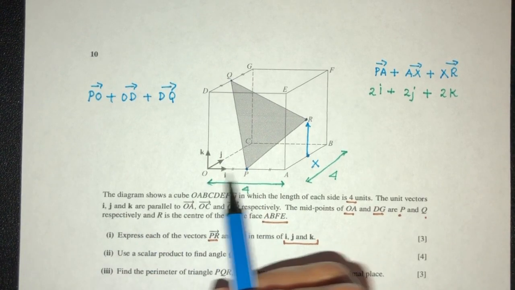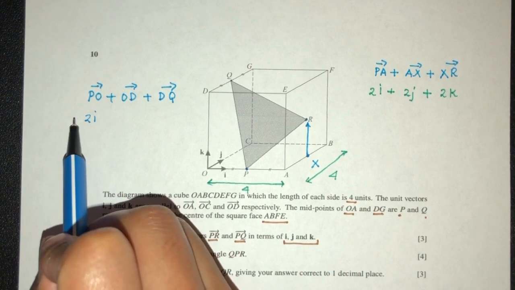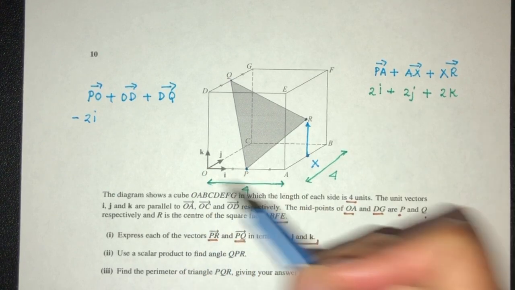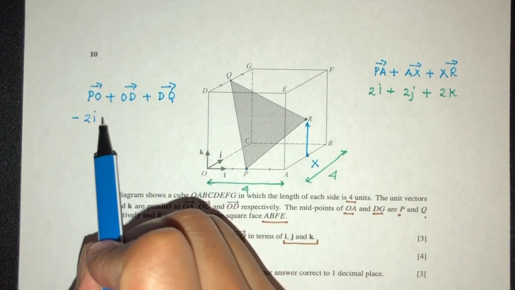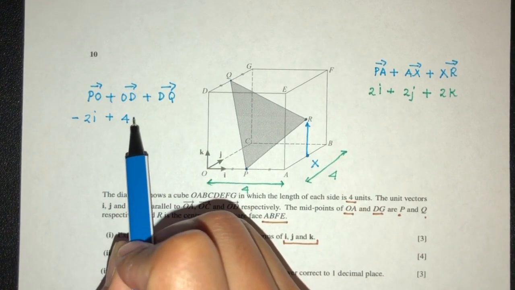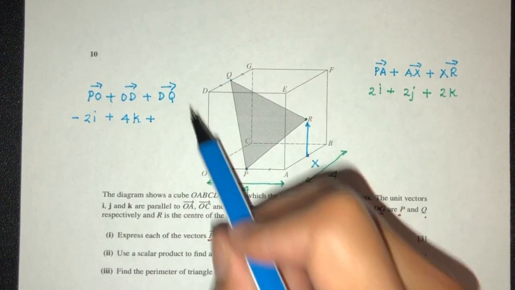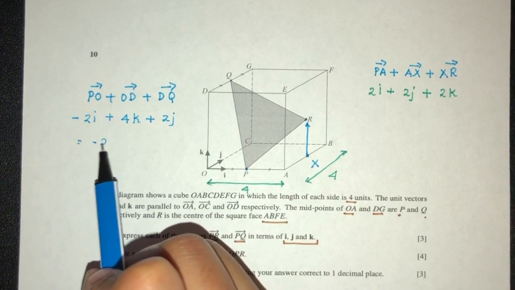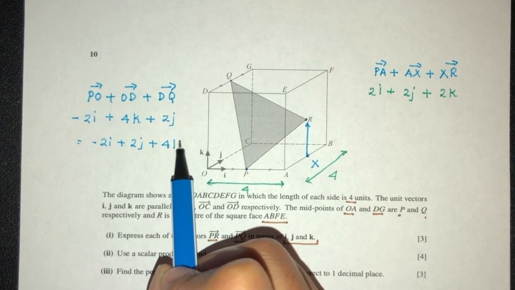P going to O will be minus 2I, because this direction is I, but this direction will be minus I, right? Now O going to D, this is going up, we have the value of 4K. And D going to Q will be in this direction, that should be just 2J. So finally that should be minus 2I plus 2J plus 4K.